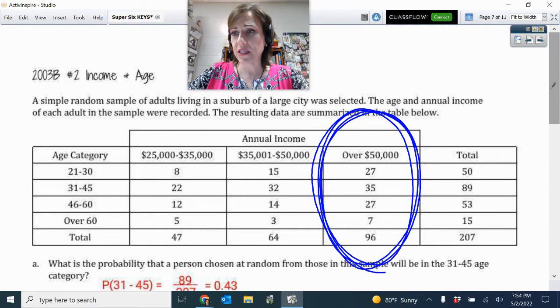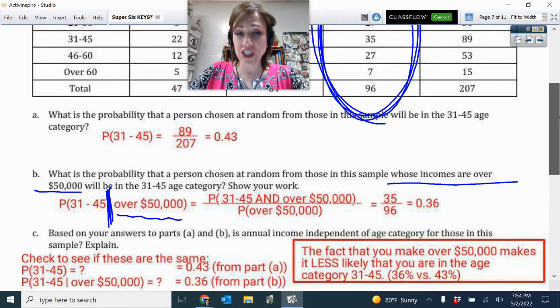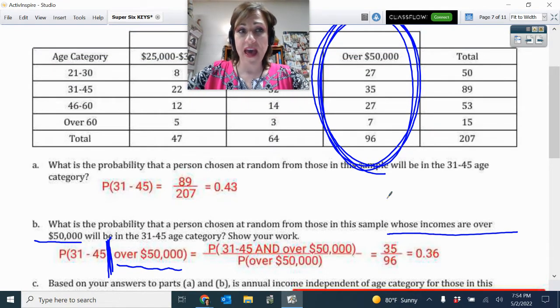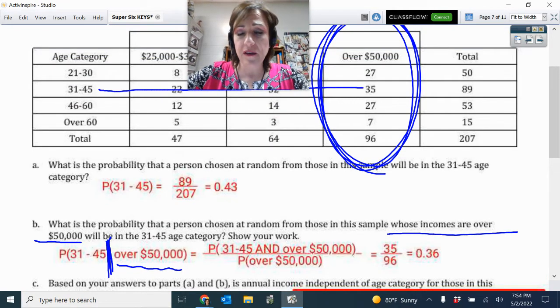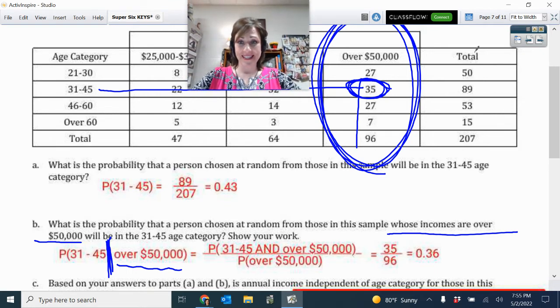So out of those 96 people making over $50,000, what proportion are the 31 to 45-year-olds? So they have to be that intersection of that 31 to 45-year-olds in that group. So it's the intersection of those two qualities, those two variables, out of the total 96.